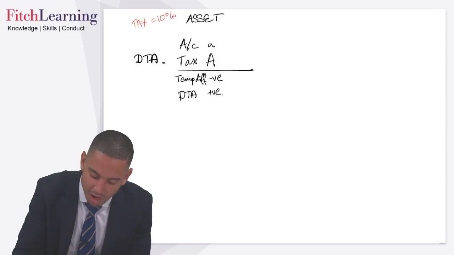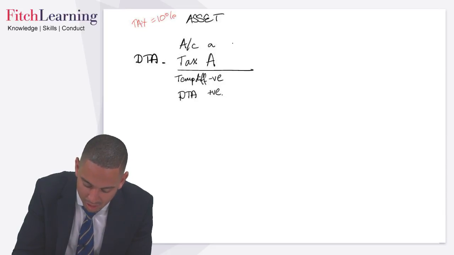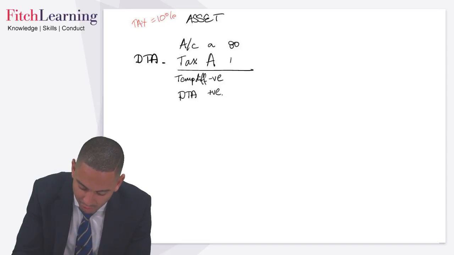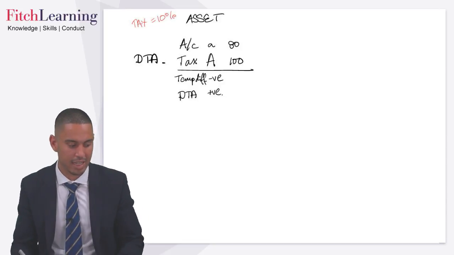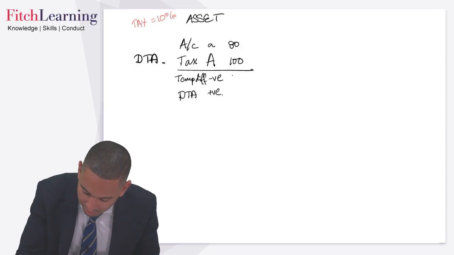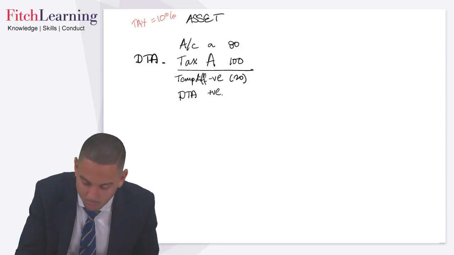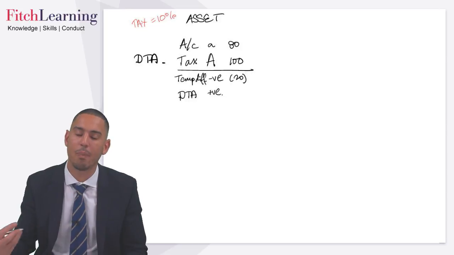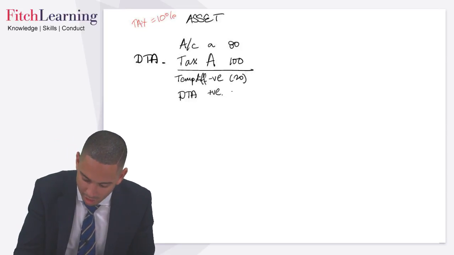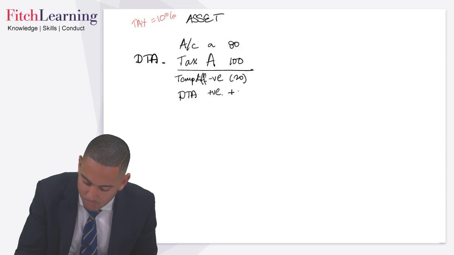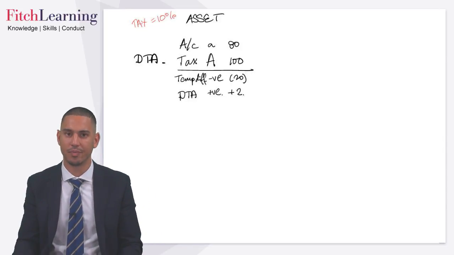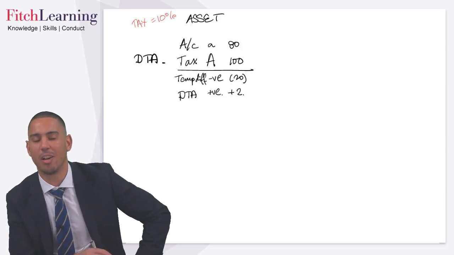Which says if our asset base in our accounts is 80, and per our tax authority this asset base is 100, this gives me a temporary difference of minus 20. And when I apply a tax rate of 10% to this temporary difference, I end up with a deferred tax asset, when it's positive, of 2.